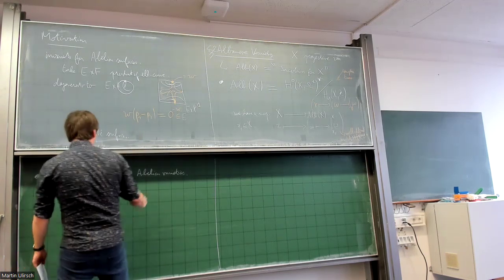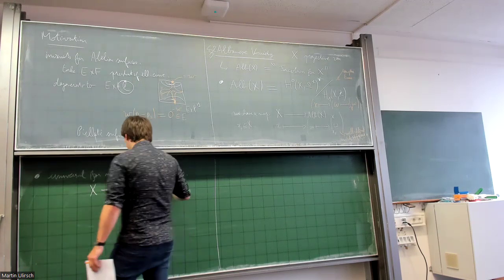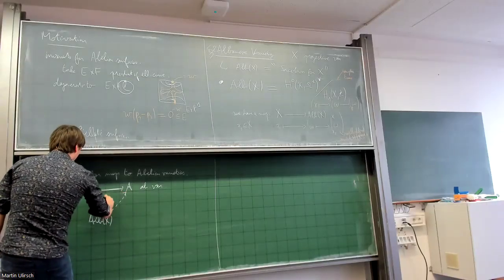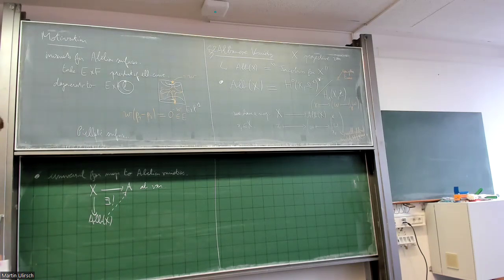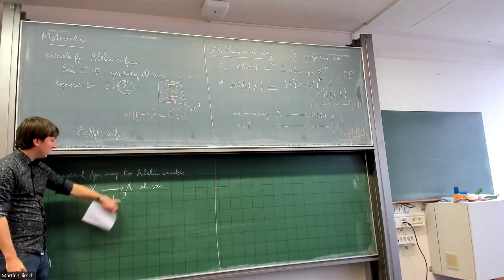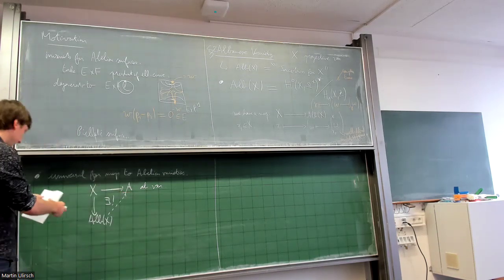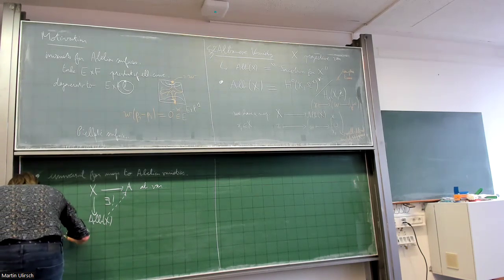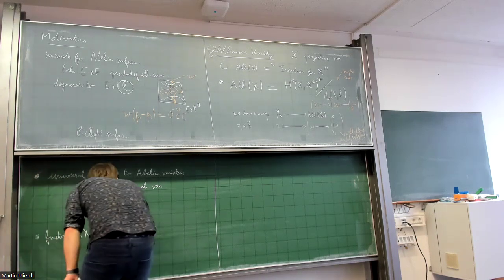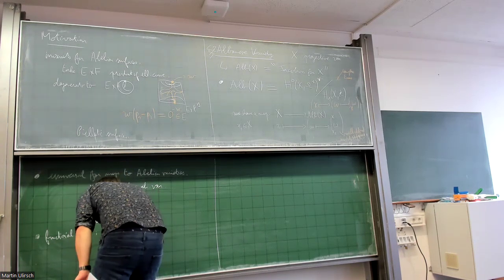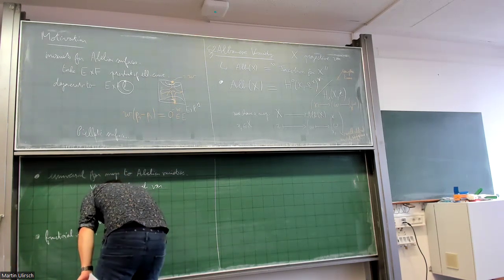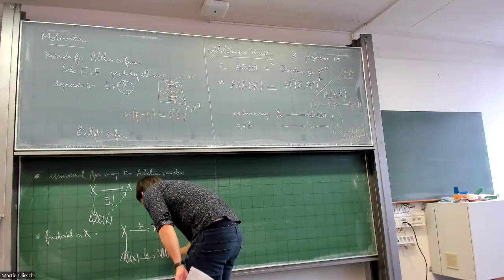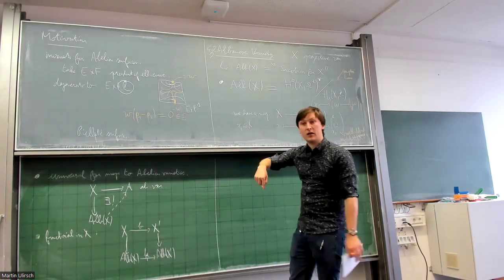Meaning if you have a map from X to A, an abelian variety, there is a unique map, which will be a group morphism, between the Albanese of X and A. Using that, it's also functorial in X, meaning if you have a map between X and X prime, you get a group morphism between the two Albanese varieties that commutes with the maps between the varieties and their Albanese.